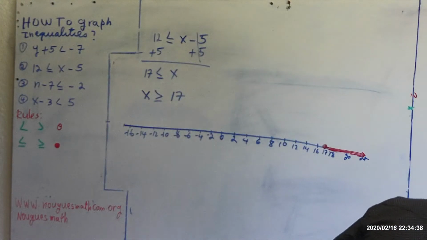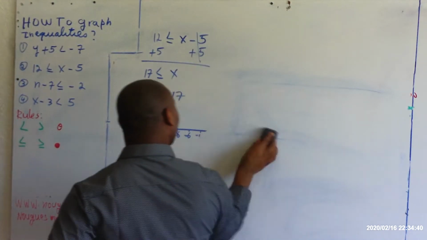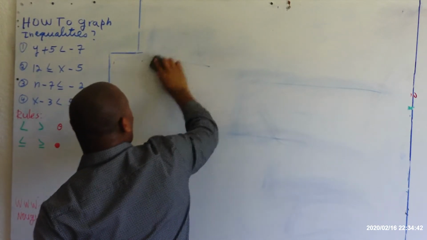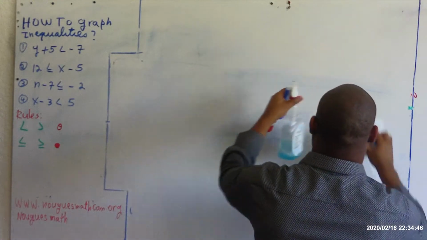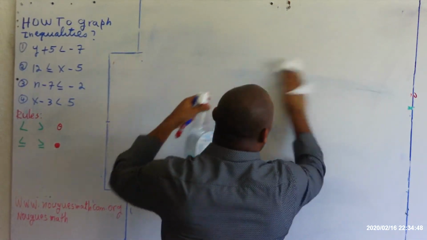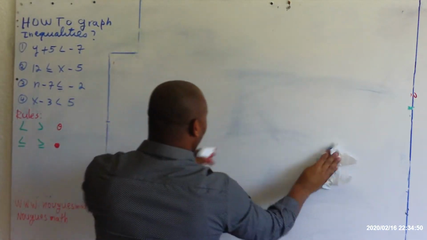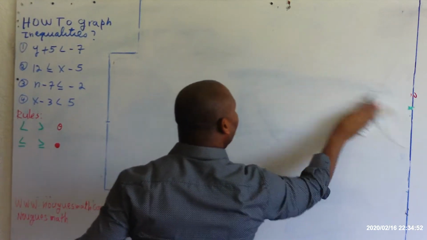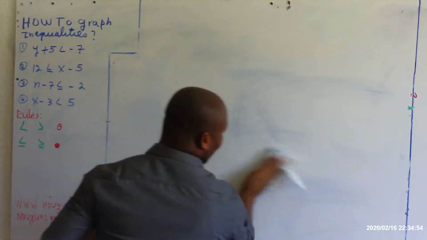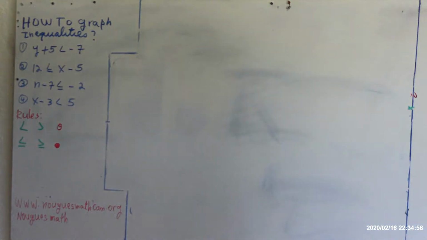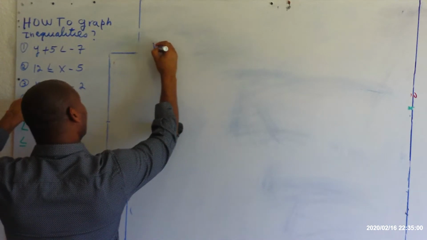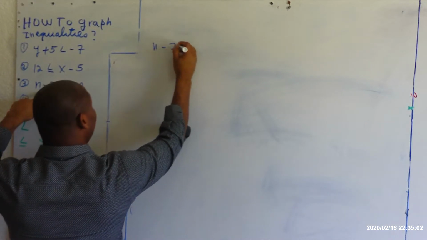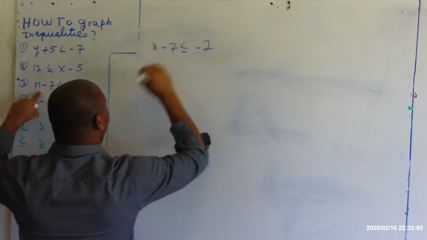Okay, let's do the third one. The third exercise: we have n minus 7 less than or equal to negative 2.